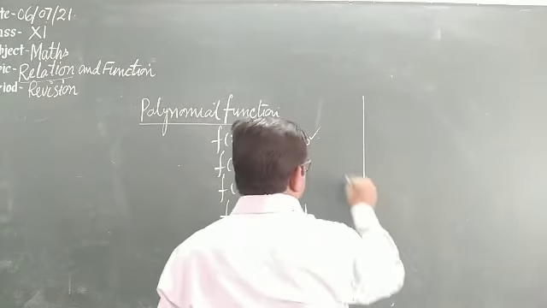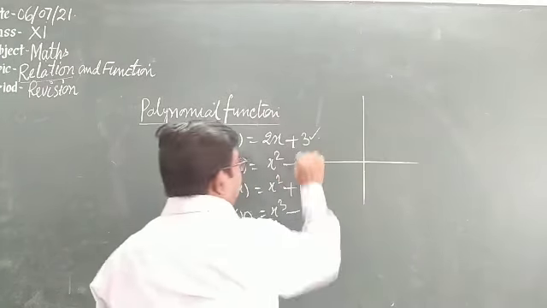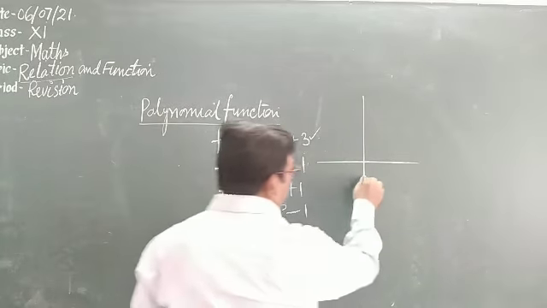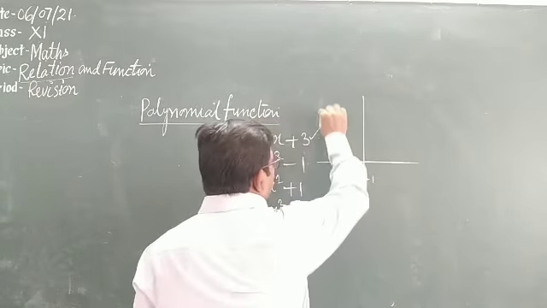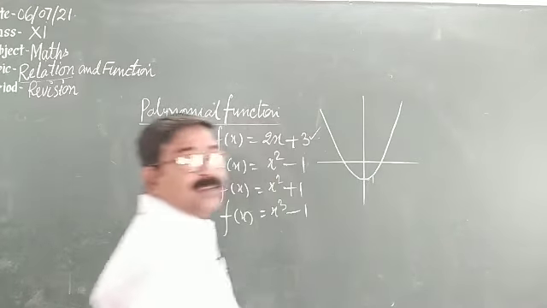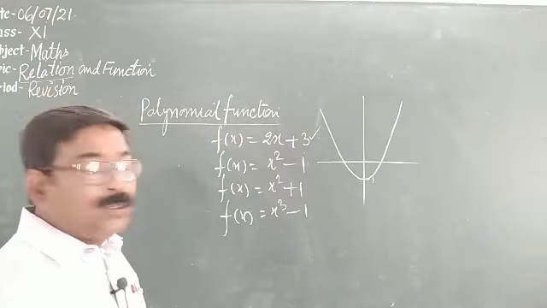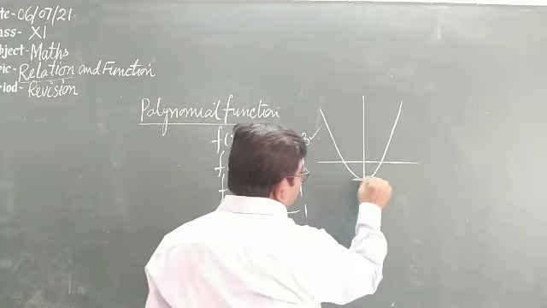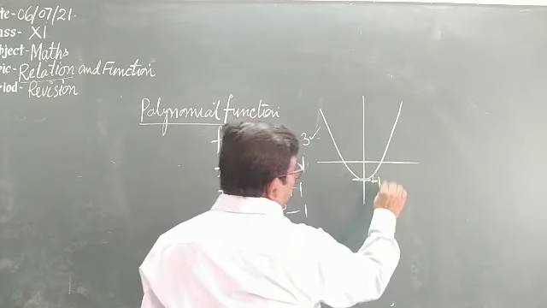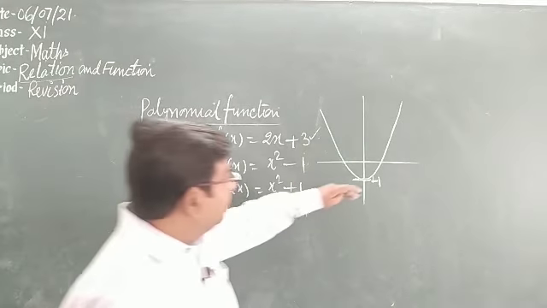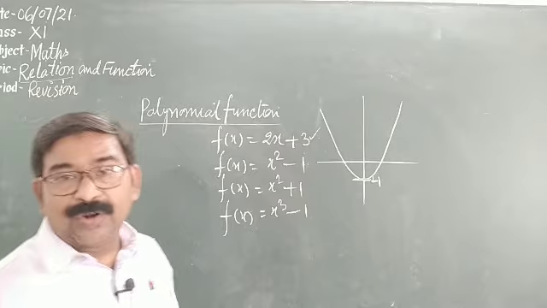Since it is minus 1, if you put x = 0, then y = −1. Here it is −1. So its graph will go like this. Maximum below the origin it is −1, and after that it goes upward.